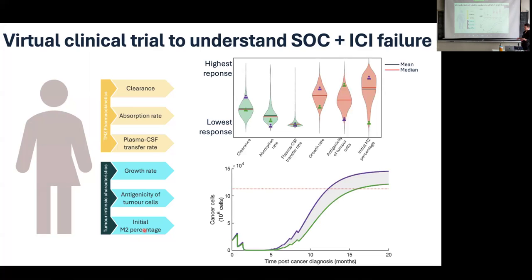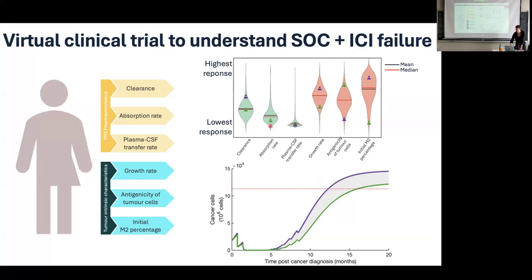And what you can see is that you do get a variety of differences in these parameters. So these are violin plots showing patients with the highest or the lowest response in purple and green, and the distribution of these parameters around the population. And so in purple here is the worst response because that's most M2-like, and in green is the best response.